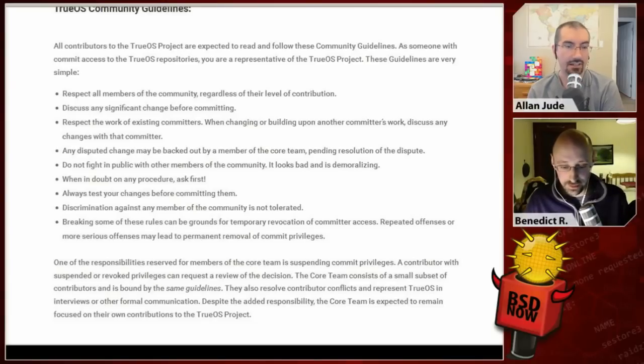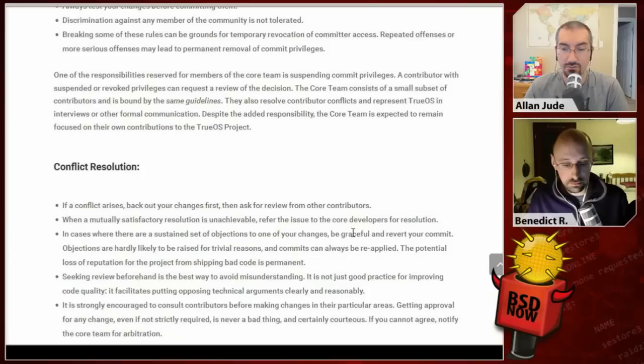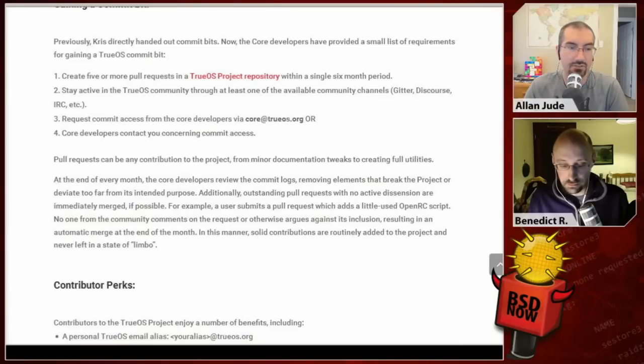Yep. And they also go on to describe the perks of being a TrueOS committer. So it says committers to the TrueOS project enjoy a number of benefits, including a personal TrueOS email alias at trueos.org, full access to manage the TrueOS issues on GitHub, so you can actually help field PRs and issues that come in on GitHub.